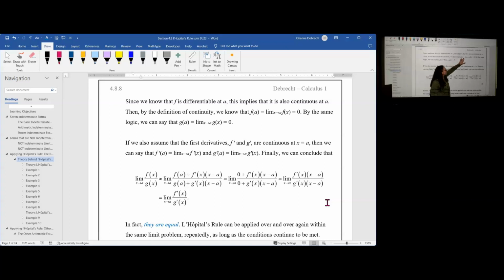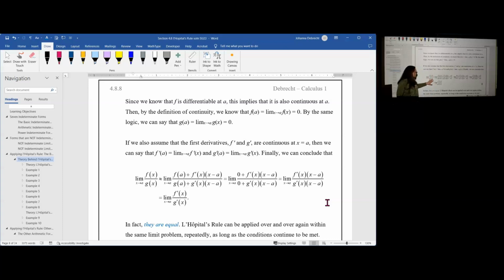That means that f of A is the limit as x approaches A of f of x. And we can say the same thing for G. G of A must be the limit as x approaches A of G of x. However, if we have the indeterminate form 0 divided by 0, both f of A and G of A have to be 0. So we know f of A and G of A are 0.